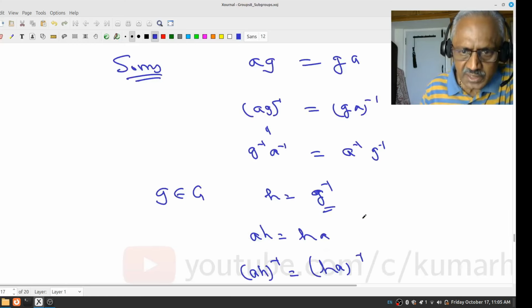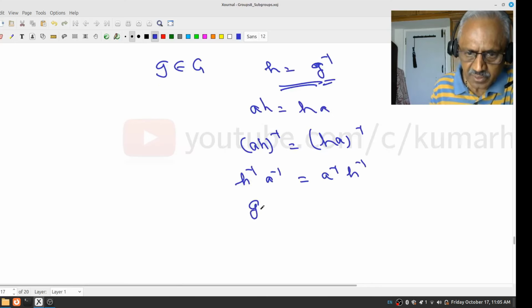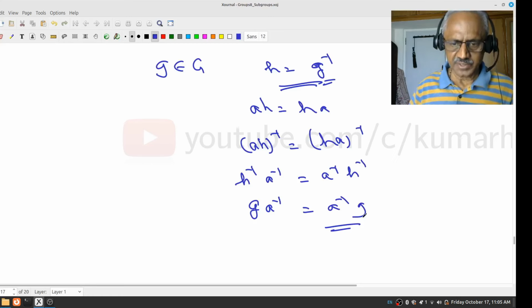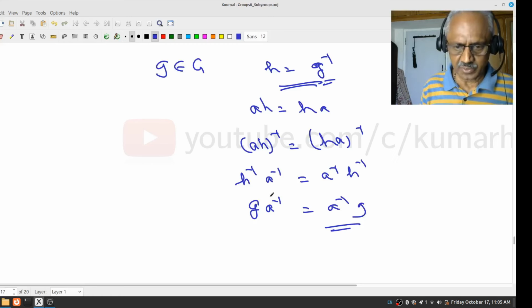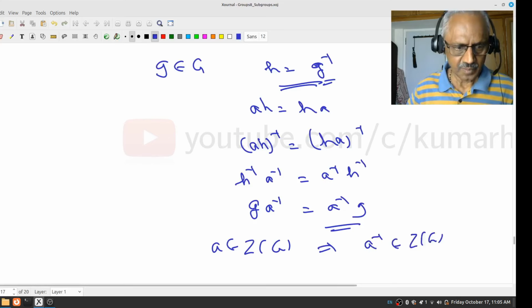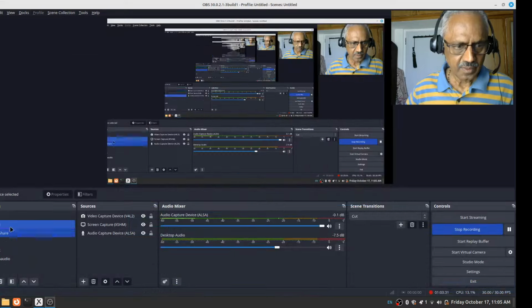But what is h? h is g inverse. Therefore, what is h inverse? g. Therefore, g a inverse equals a inverse g. That means a inverse commutes with each and every group element g. Therefore, a inverse belongs to the center. a belongs to Z(G) implies a inverse belongs to Z(G). Good. I goofed a bit, but I recovered.